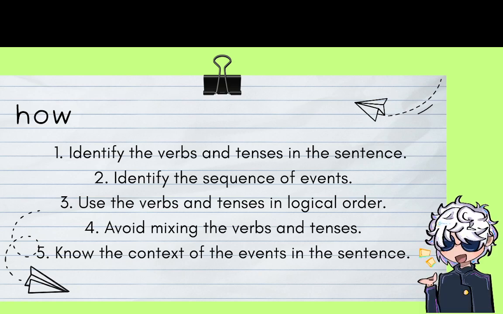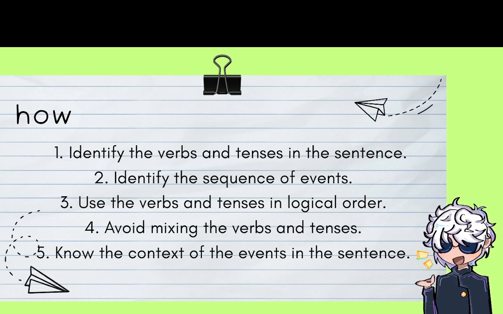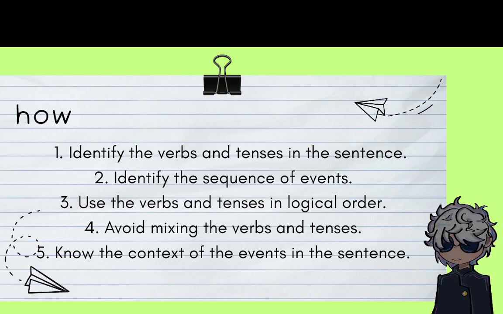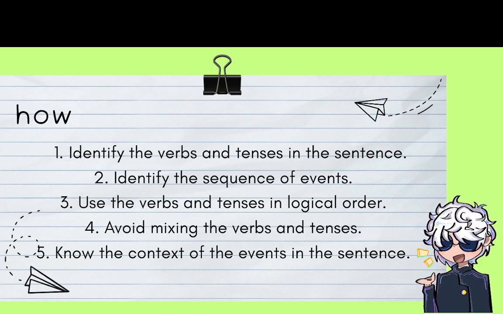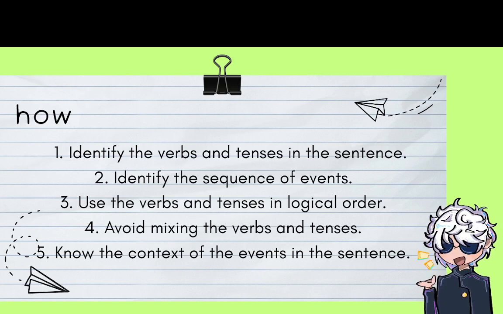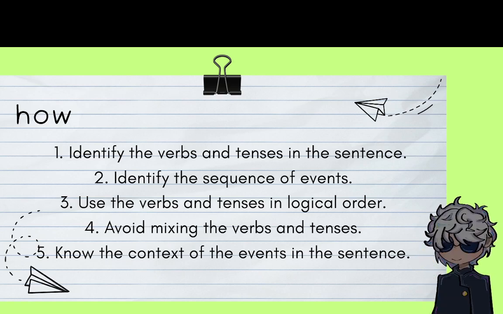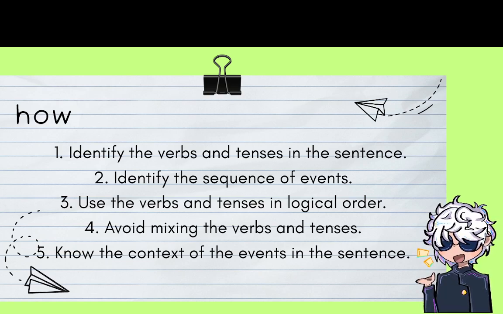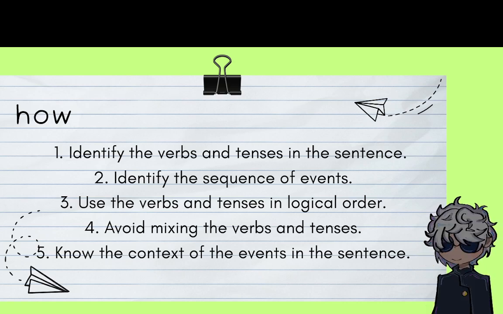And five, know the context of the events in the sentence. So we must identify where or when the action takes place. Use clear signal transitions between time frames, using words like after, before, or then to further support those sequential tenses.